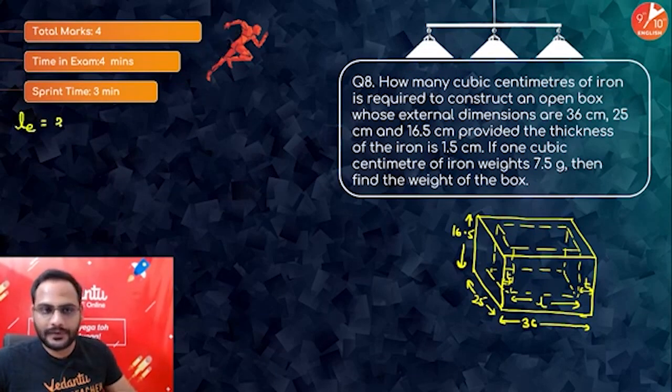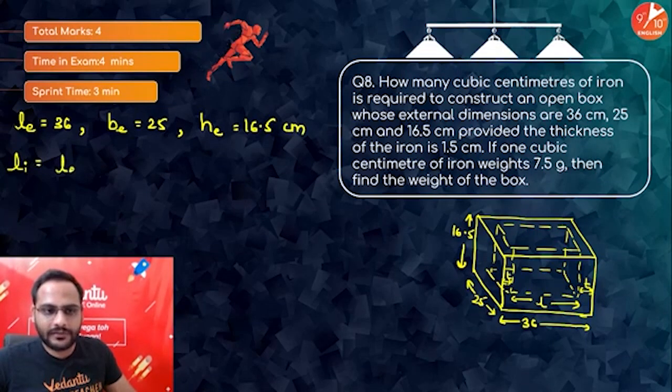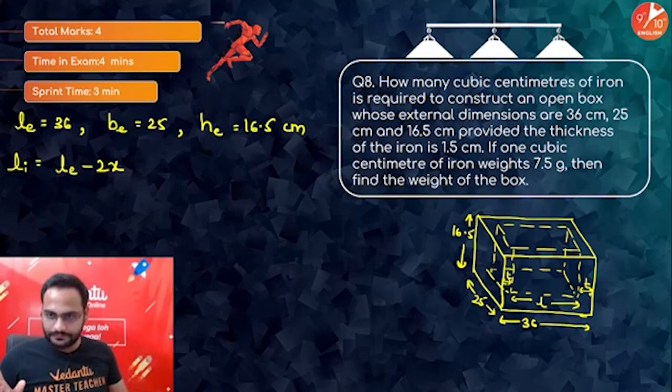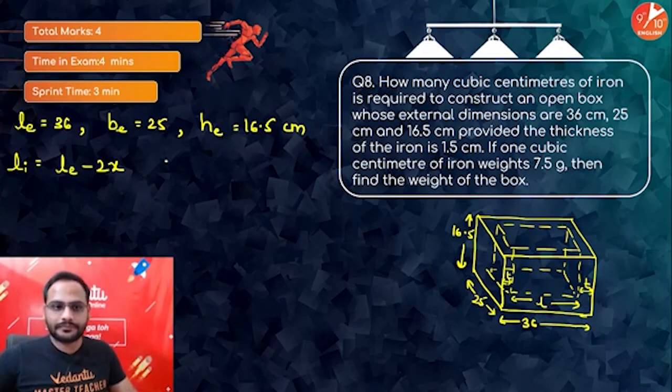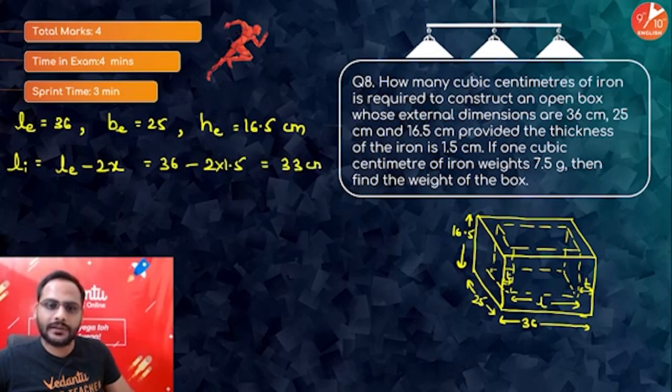External length is 36, external breadth is 25, external height is 16.5 centimeters. Internal length will be whatever is your external length, from that subtract 2 times the thickness. Why? Thickness from here and thickness from here. So 36 minus thickness, how much? 1.5 centimeter. 1.5 into 2 is 3, so 33 centimeter.